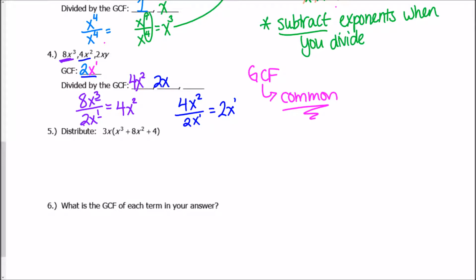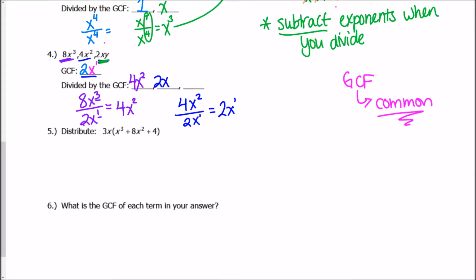Okay, and then let's take our last term, which is 2xy, and let's go ahead and divide that by our GCF right here, which is 2x. So 2xy divided by 2x. 2 divided by 2 is 1. X divided by x will cancel out completely, and then there's a y left over. So we can just say 1y. Okay? So that's how we do that right here.